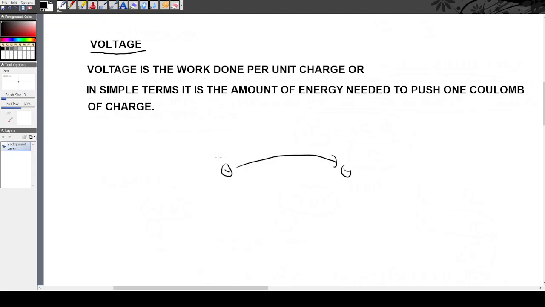So it means if you want to push this electron from point A to point B, you need some voltage, you need some force or some energy. Okay, so the energy is called voltage. This energy that is needed to push this electron from this point to this point is called voltage.